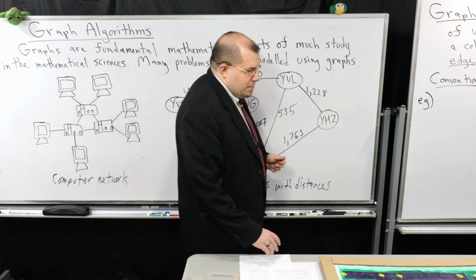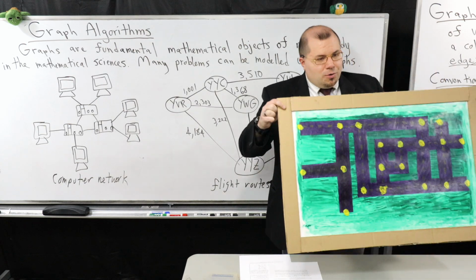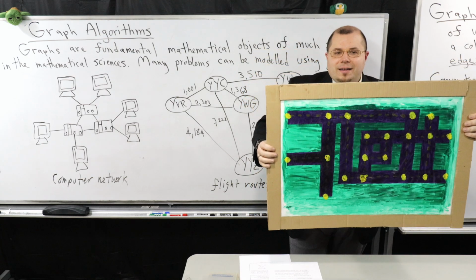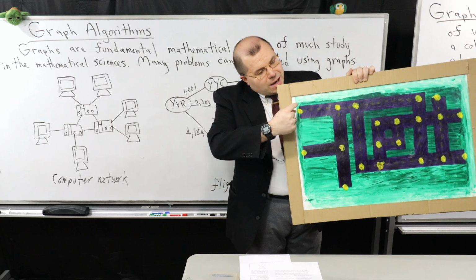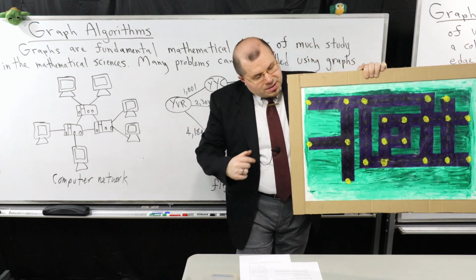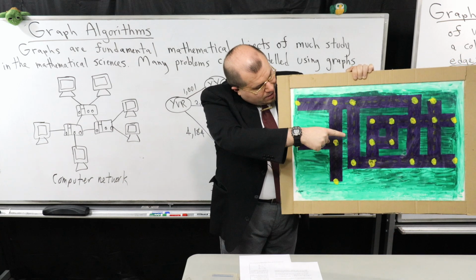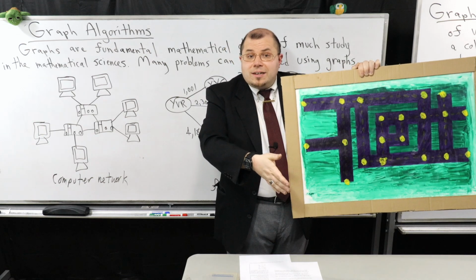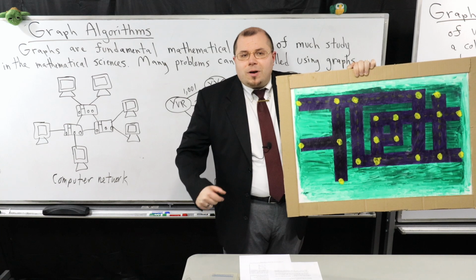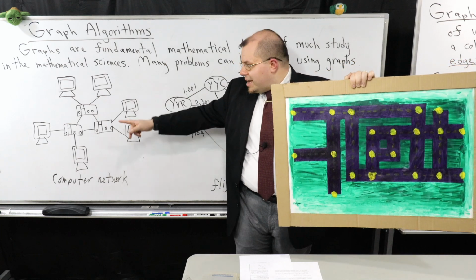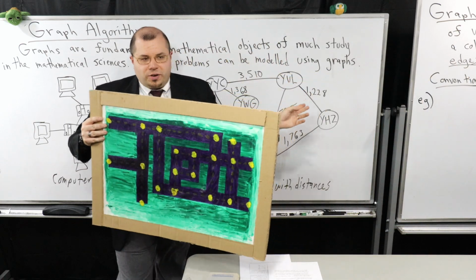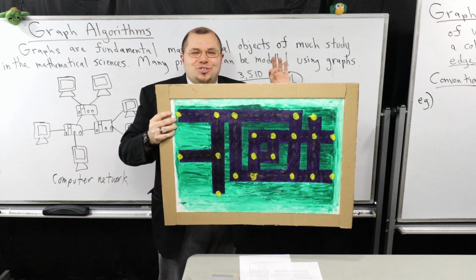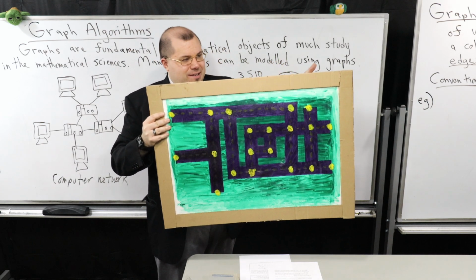Another simpler way of thinking about this is perhaps you're thinking about going from point A to point B in a town. You can imagine these yellow dots I have here make up the road segments. Suppose I start right here and I want to know the shortest way I can get over to that bottom right corner. What I could do is model my streets using a graph comprised of these yellow dots that represent, just like my servers and clients or my airports, intersections or so-called dead ends if there isn't an intersection there.